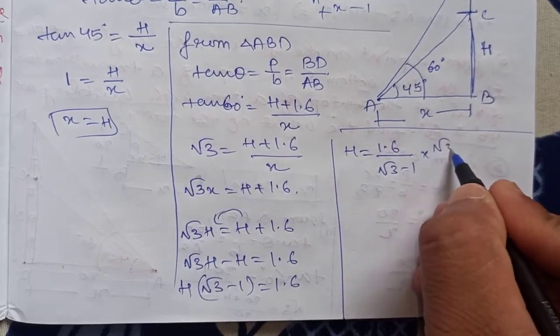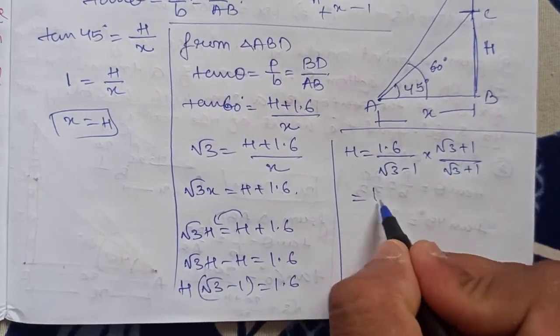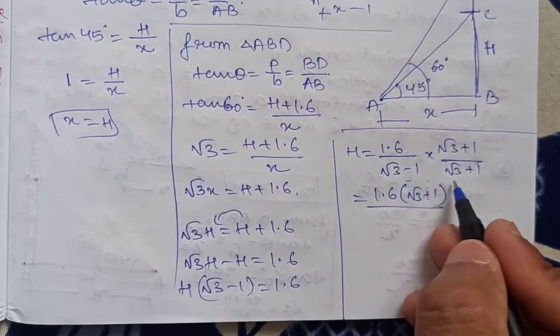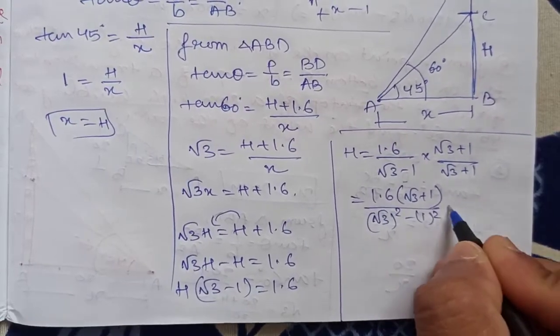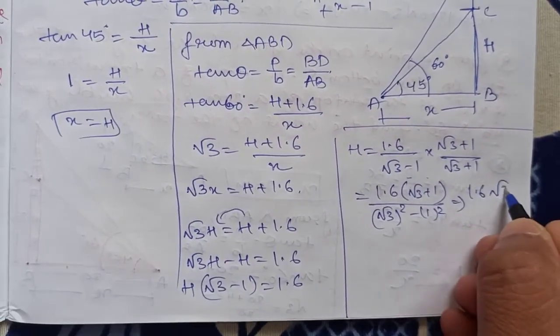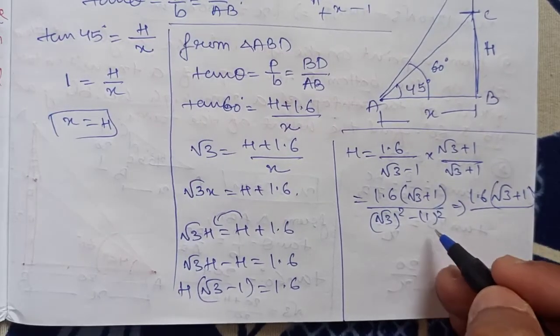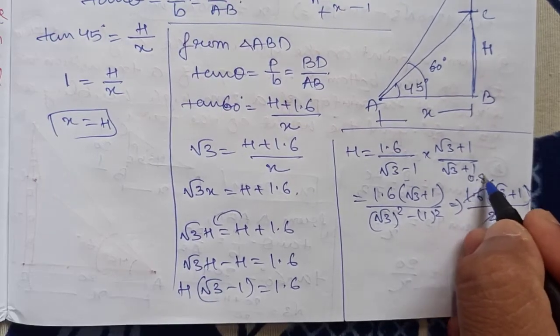We multiply by root 3 plus 1 by root 3 plus 1. We will get 1.6 into root 3 plus 1 divided by, a minus b times a plus b is a square minus b square, root 3 squared is 3, 3 minus 1 is 2. Just cancel these two values, we will get 0.8.